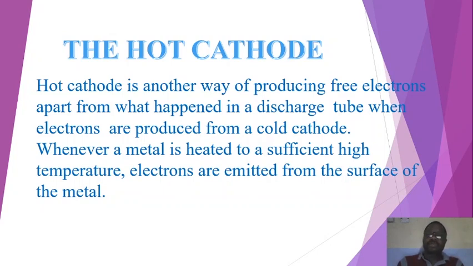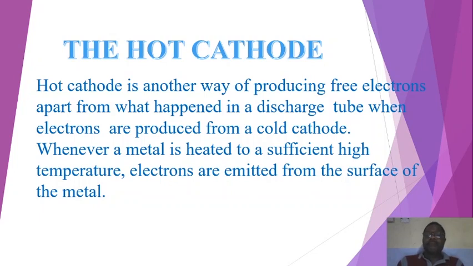They are detached from the metal, but they cannot be carried by non-conductors. So we call them free electrons. So that's the charge carrier for gases. So we say hot cathode is another way of producing free electrons.